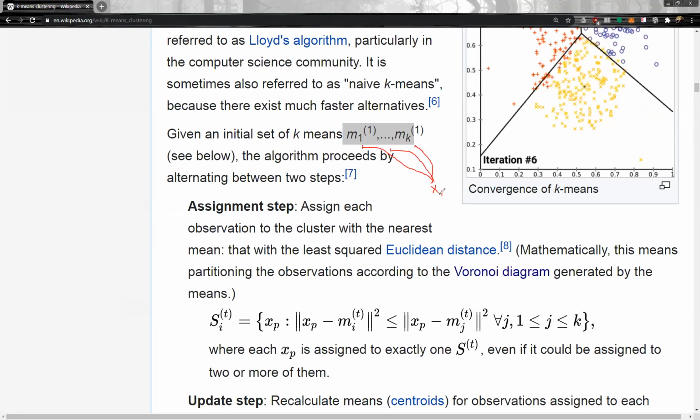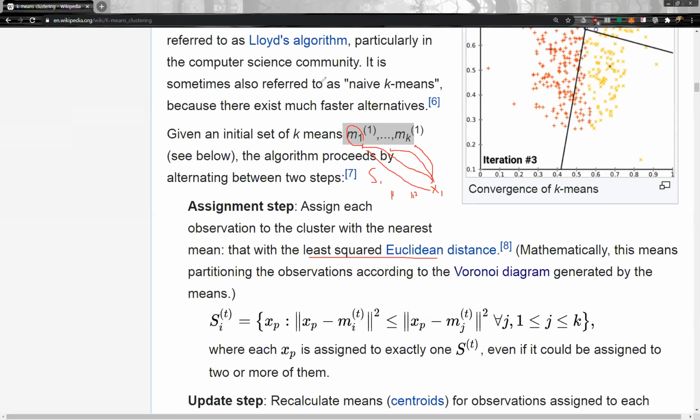When x1 is nearest to this one, then x1 belongs to S1. So assign each observation to the cluster with the nearest mean, that is, with the least squared Euclidean distance. The distance is squared, not plain Euclidean distance.